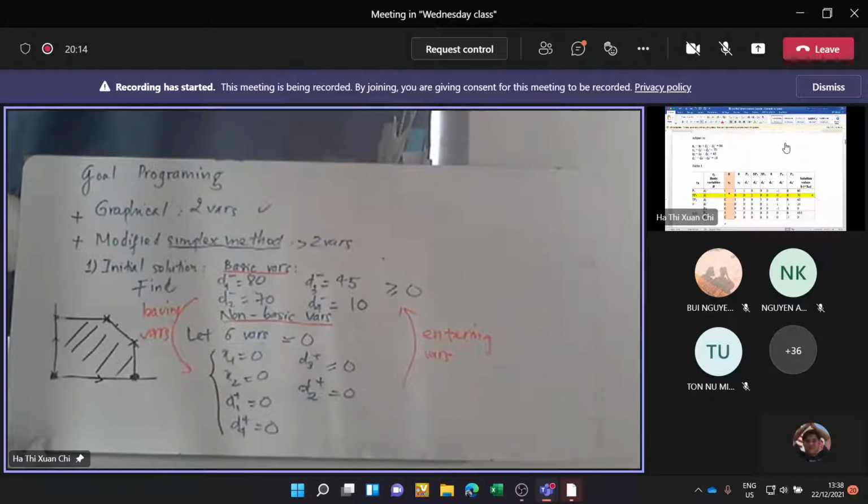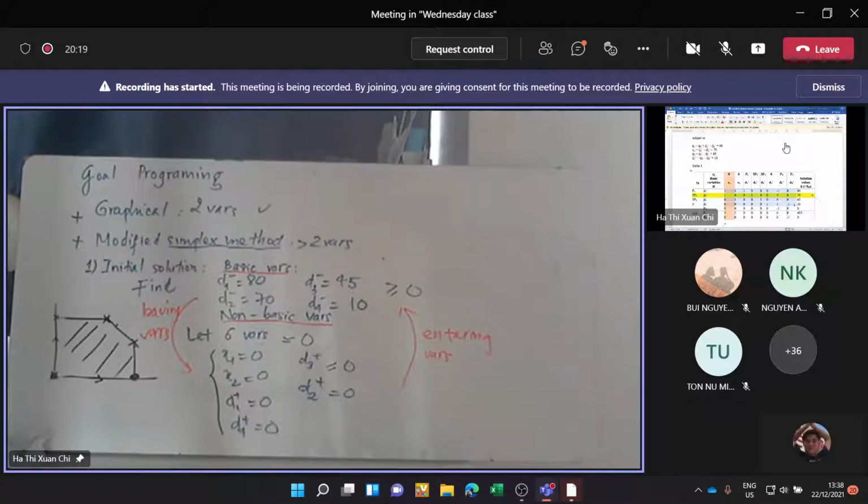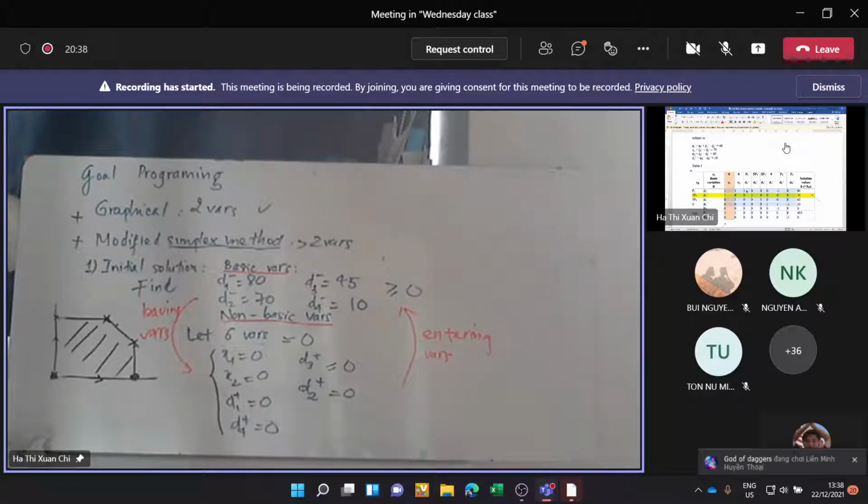So how can we fill the numbers in this table? For the second one, x1, we have the coefficient of x1. This area we fill for constraint 2. The coefficient is 1, 1, d1 minus is 1, and the rest will be equal to 0. And d1 plus is equal to minus 1 here.